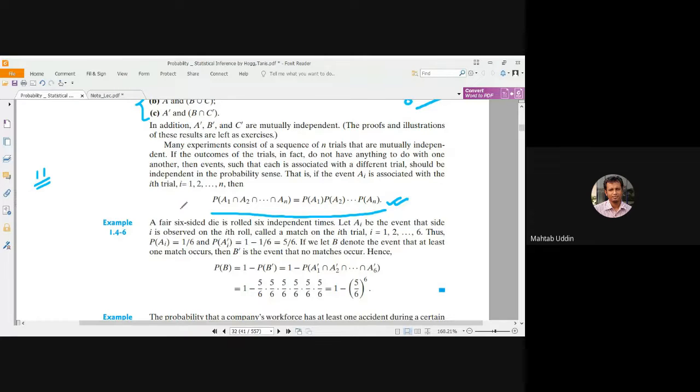ঠিক আছে। A fair 6-sided dice is rolled 6 independent times. So how many total outcomes? 6 to the power 6, right?